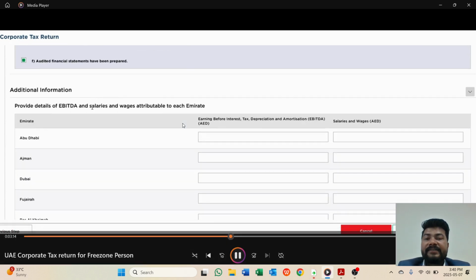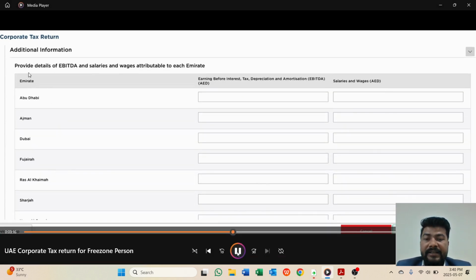Now, in additional information, we'll have to calculate EBITDA for each state. So, how much amount is attributable to Abu Dhabi, Ajman, Dubai, Fujairah, Ras Al Khaimah, Sharjah, and others? So, while reporting the VAT return, we have to bifurcate total taxable amount as per the state.